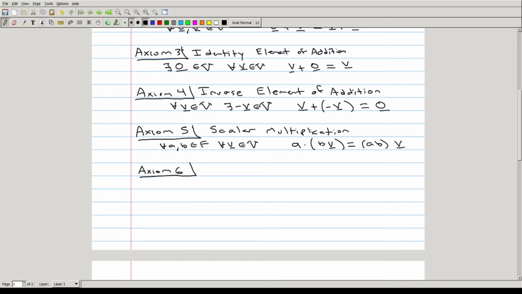Axiom 6 is in regards to the identity element of the scalar multiplication.